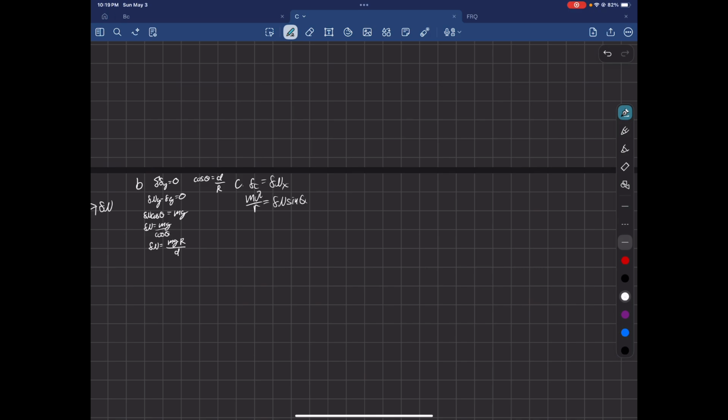We derived an expression for F_N, so we can just plug that in. And we isolate where these m's cancel out, and we just isolate for the velocity.